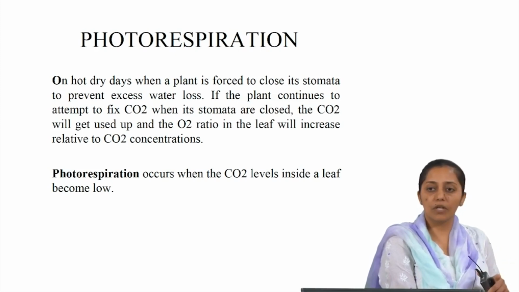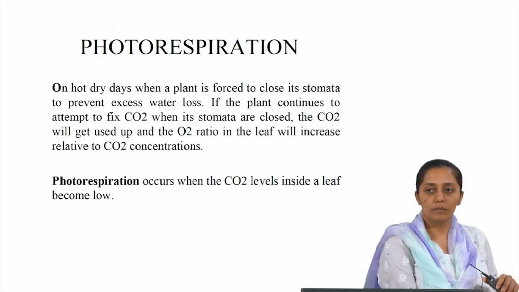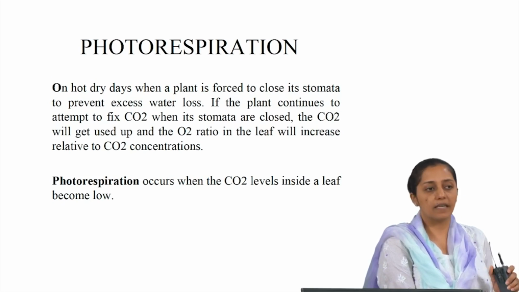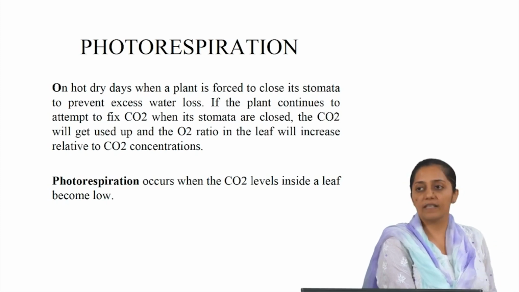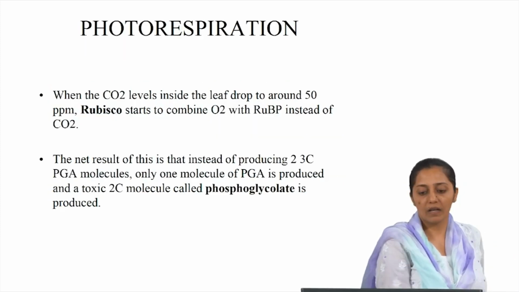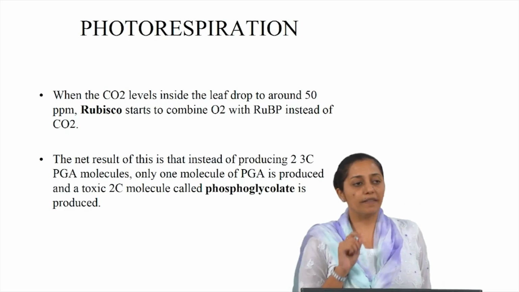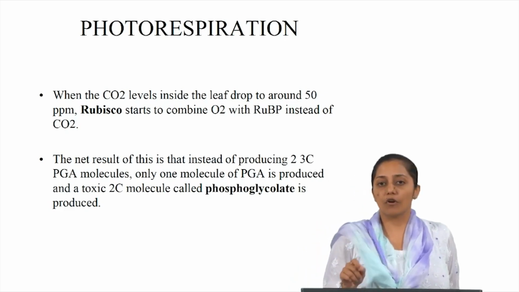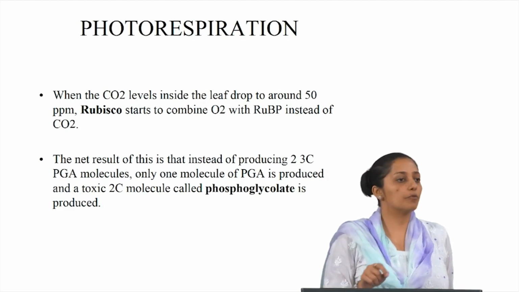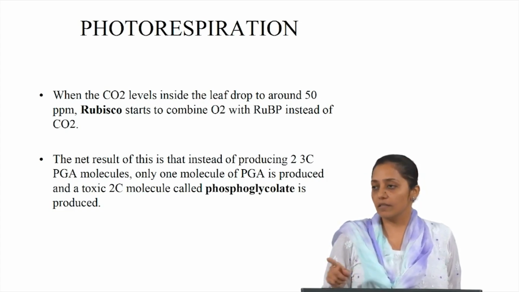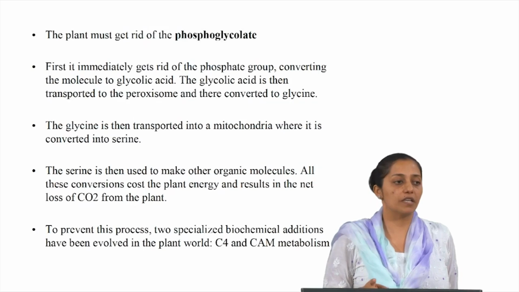This toxic molecule has to be broken down to prevent cell damage. So this whole process is called photorespiration. As I said, when the CO2 level in the leaf drops to less than 50 ppm, rubisco starts acting as an oxygenase.